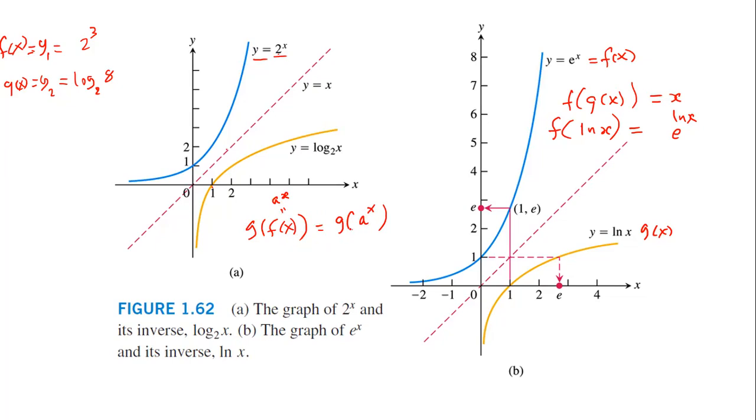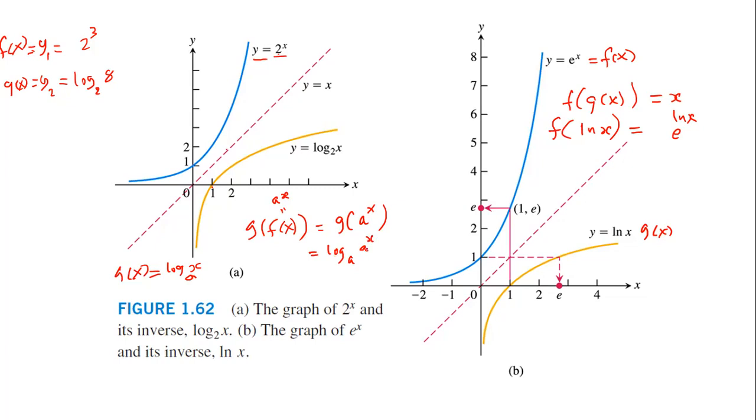Now, g of x will take the log of whatever is inside. So let's say g of x equal to log to the base a of x. Okay, so this is going to be equal to log to the base a of a to the power x.